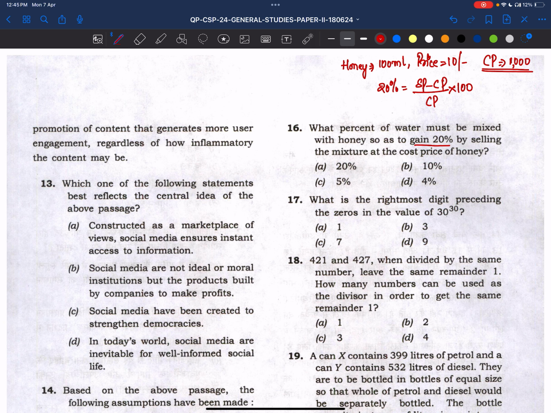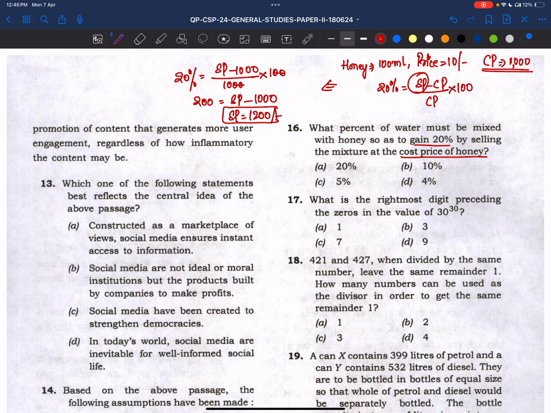Now we know the cost price value, we'll find the selling price value. For 20% gain, 1000 into 120 by 100, it will be 1200 rupees, the selling price.